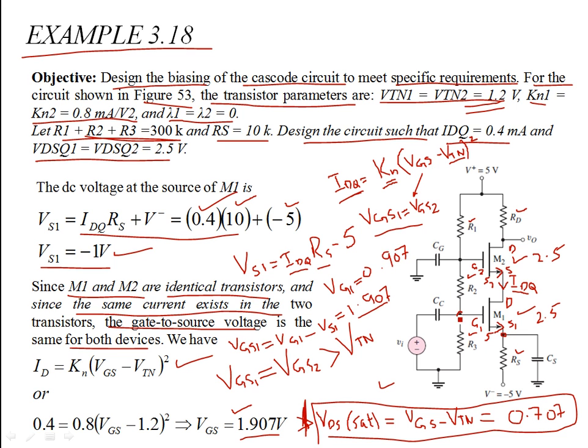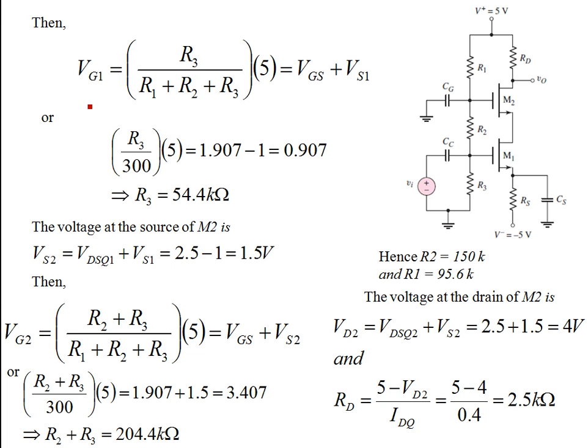This voltage is basically the division of resistance R3 over R1, R2 plus R3, times 5 volts. So VG1 is given by R3 over the sum of all three resistances, times 5 volts, which is equal to the gate voltage, and this is 0.907.